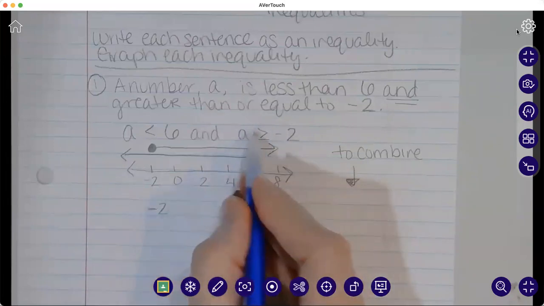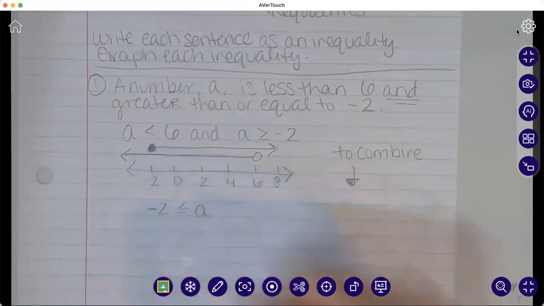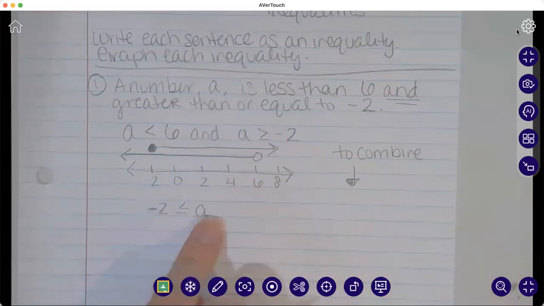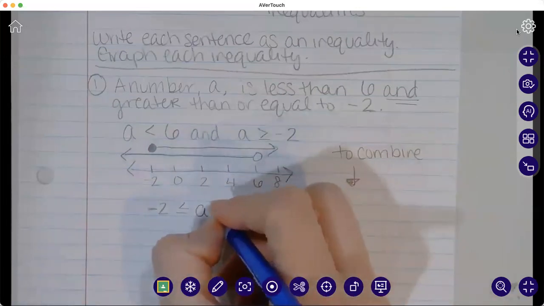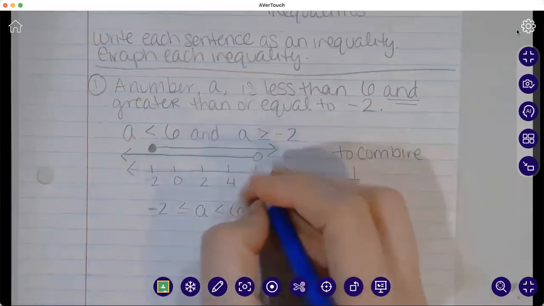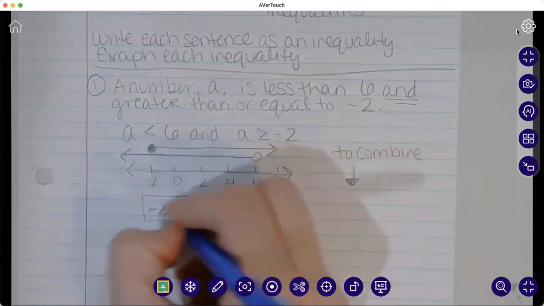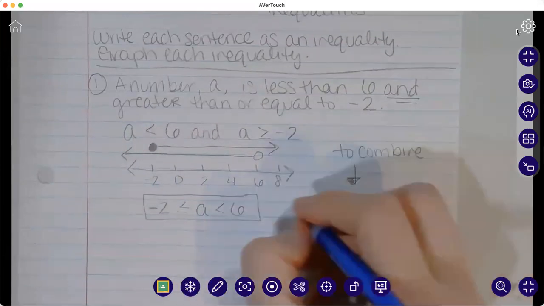So rather than saying A is greater than or equal to -2, I'm going to say -2 is less than or equal to A, the same thing, just rewritten. But at the same time, A is less than 6. So I'm going to continue the statement by just saying less than 6. So now I've combined and I have -2 is less than or equal to A, which is less than 6. And this is my combined inequality.